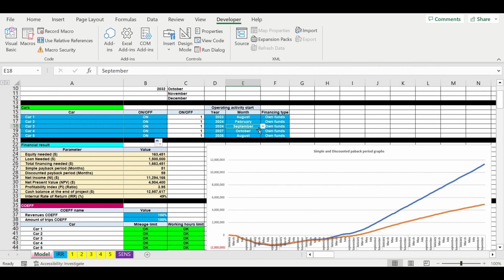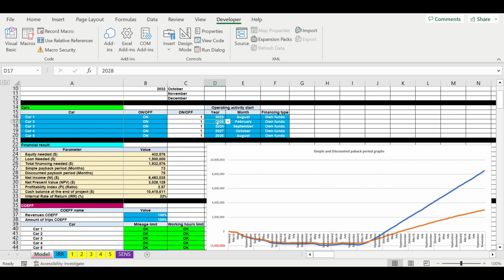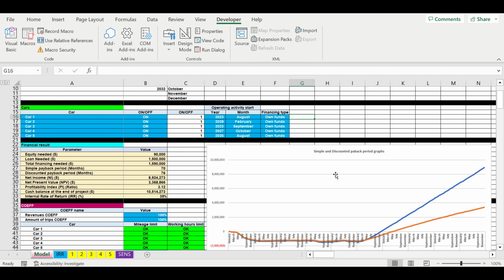Also, for example, we can displace our cars in timelines. We can say that car number 2 we can displace to 2028. We can displace this car to 2023, for example. So we can quickly displace a huge amount of data.